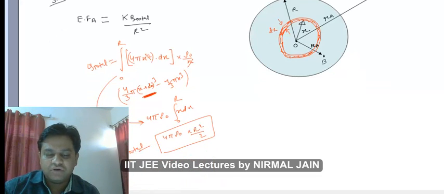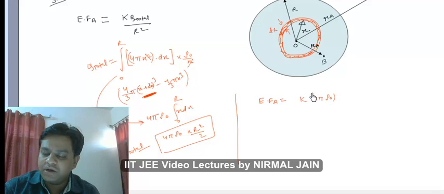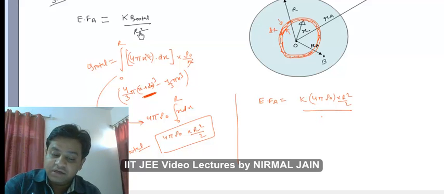And now that I have this q total, I can simply find the electric field at A. It is k q total, which is 4 pi rho naught into r square by 2, divided by the distance of point A squared. It should be r a square.